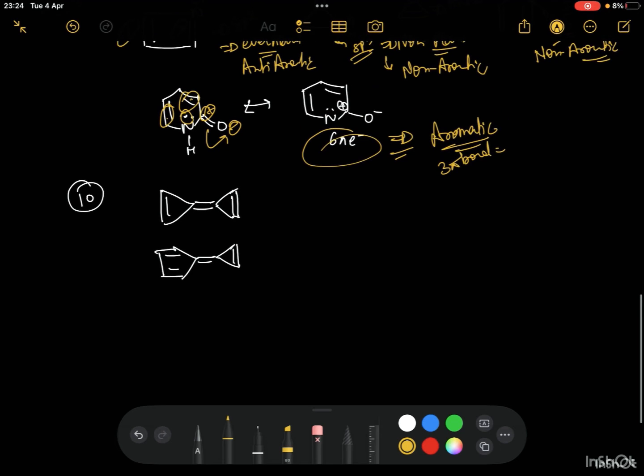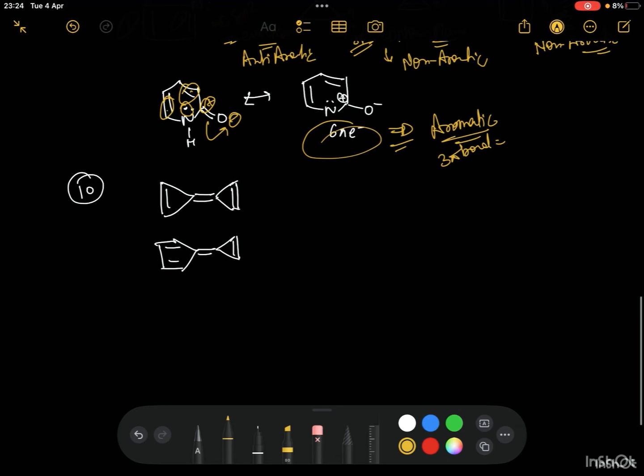Okay, now these are also two most important examples. What will happen here? We will move this double bond here. If I am moving to the A side, then what will happen?